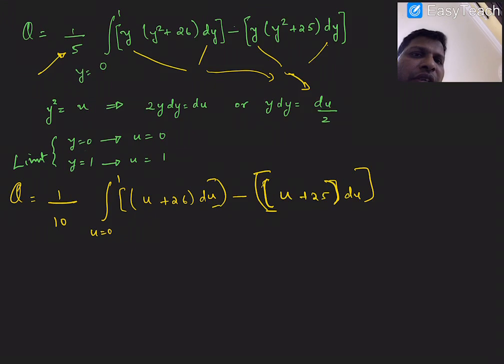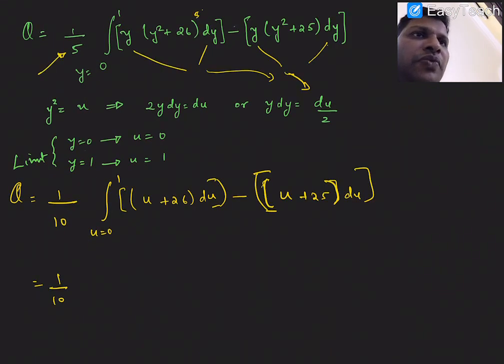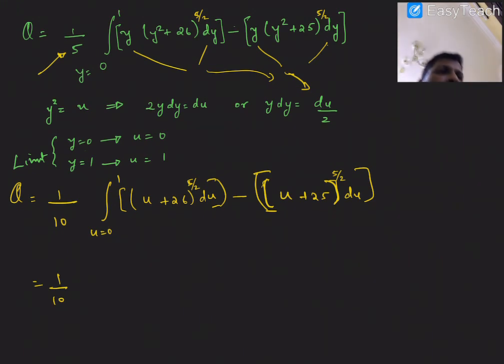Now I can integrate. So this becomes 1 over 10 multiplied with, what is the integral of this, I think there is the power 5 over 2. So we need to consider that also, whole power 5 over 2. Now we can consider this for integration. What will be the integral of this?